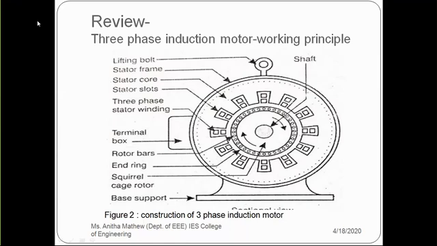This rotating magnetic field rotates and cuts the rotor conductors. And since it cuts the rotor conductors, an EMF will be induced in the rotor conductors, and hence the rotor current. And according to Lenz's law, it will oppose the cause producing it.